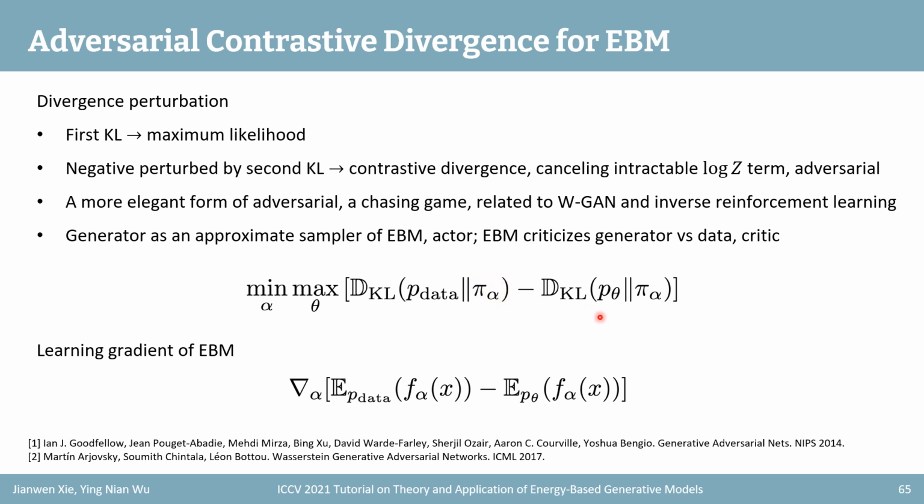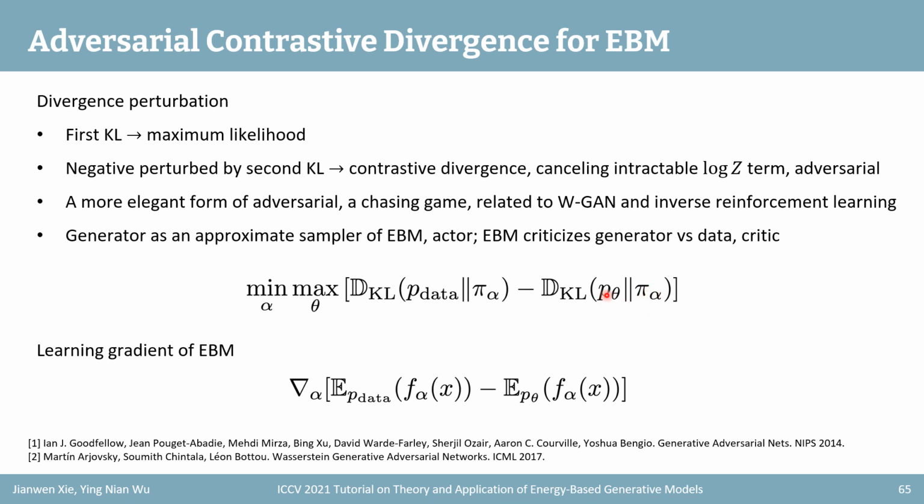So therefore, you can see that here the generator chases this energy-based model, but this energy-based model tries to get close to this data density as compared to the generator density. So it is like a chasing. So this P theta, this generator, chases the EBM, and the EBM actually runs towards the data density and runs away from the density of the generator. So this pi of alpha serves as a critic.